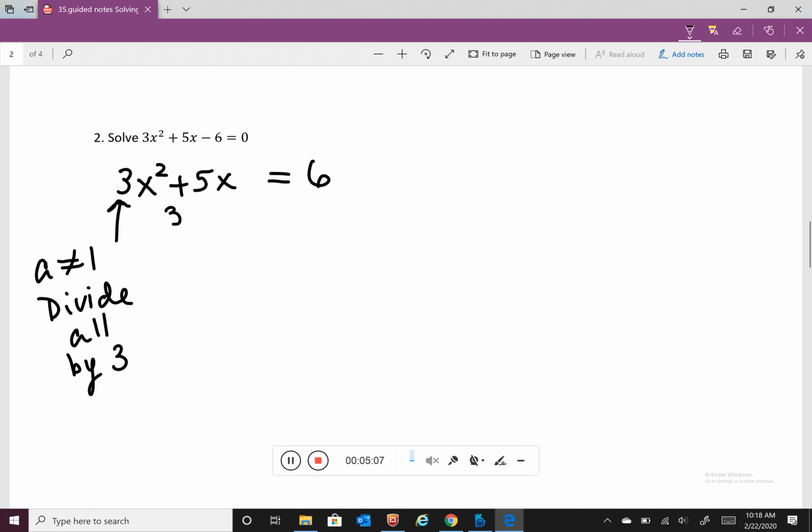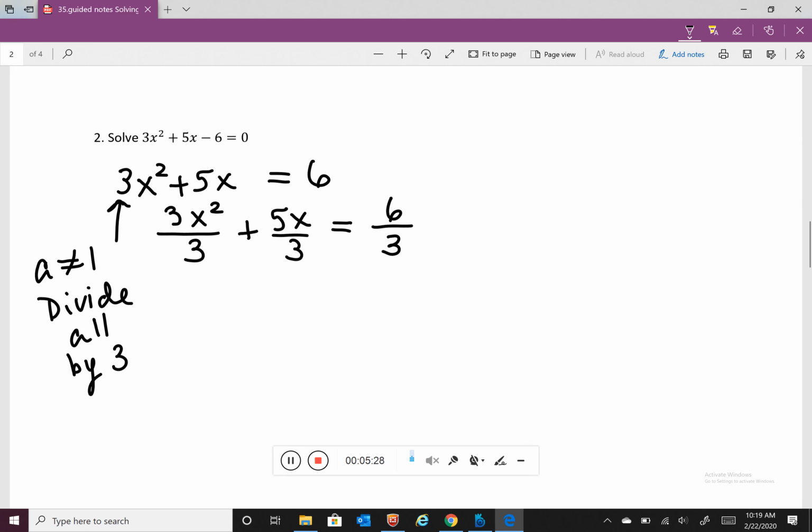So we have 3 times x squared divided by 3 plus 5x divided by 3, and this is equal to 6 divided by 3.